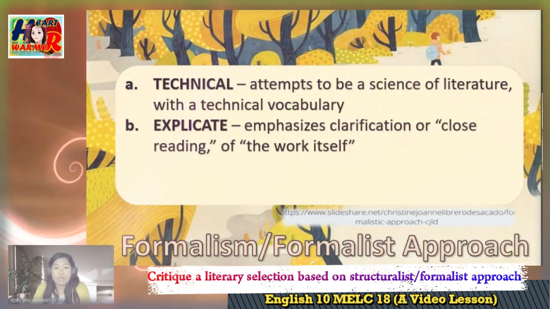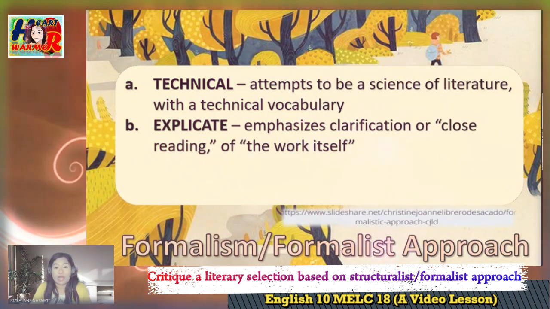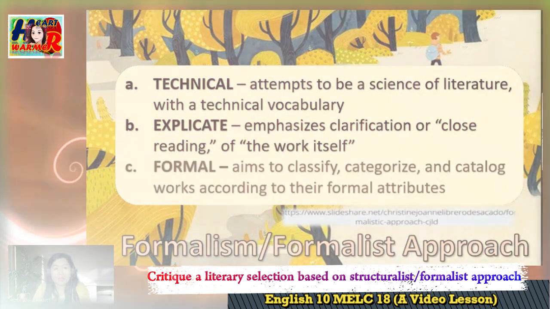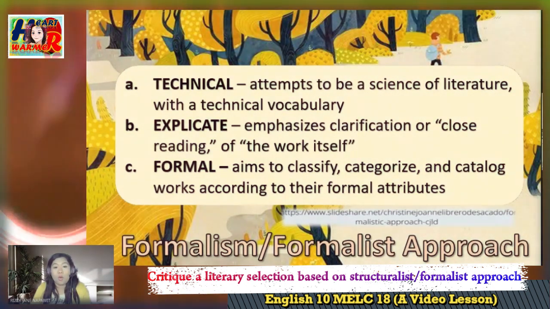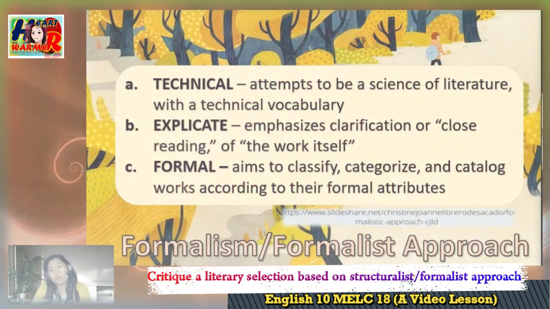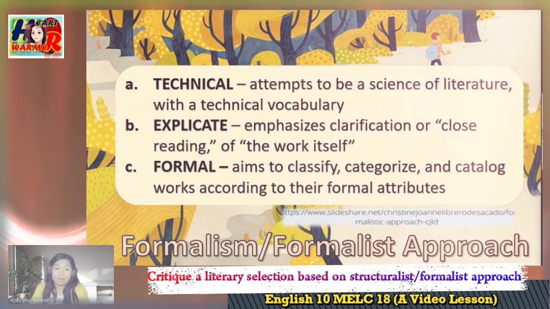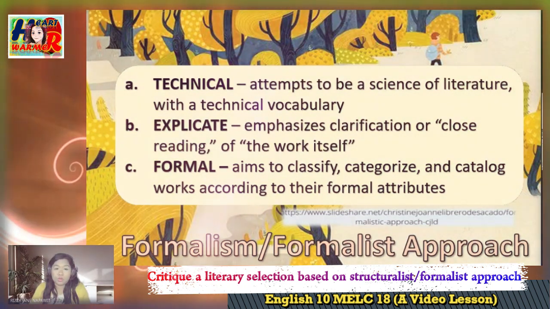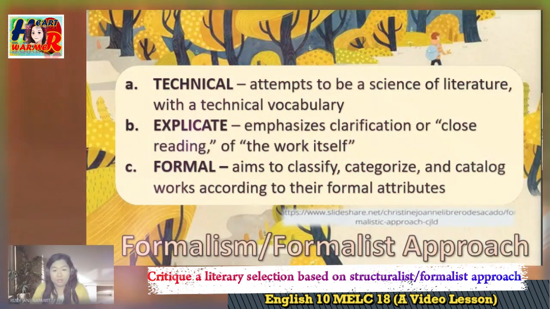So we read something carefully so we can clarify some ideas that are confusing the first time that we read something. And letter C, formal, because it aims to classify, categorize, and catalog works according to their formal attributes. So we put classifications to the things that we have read based on their features. That is called formal. Okay?